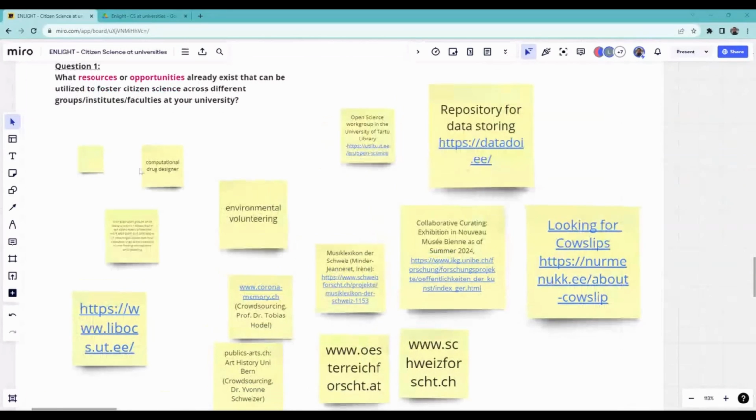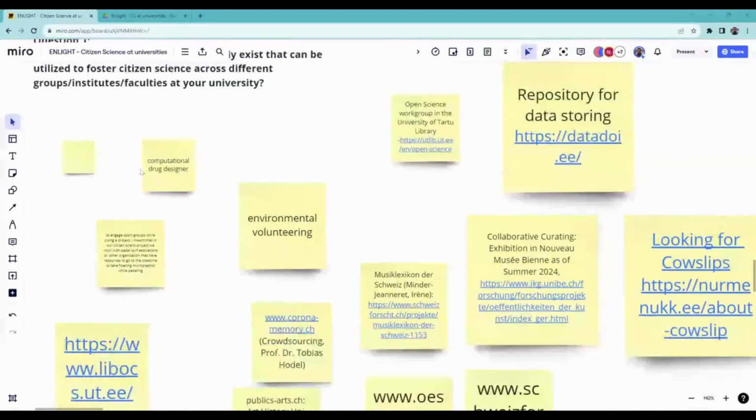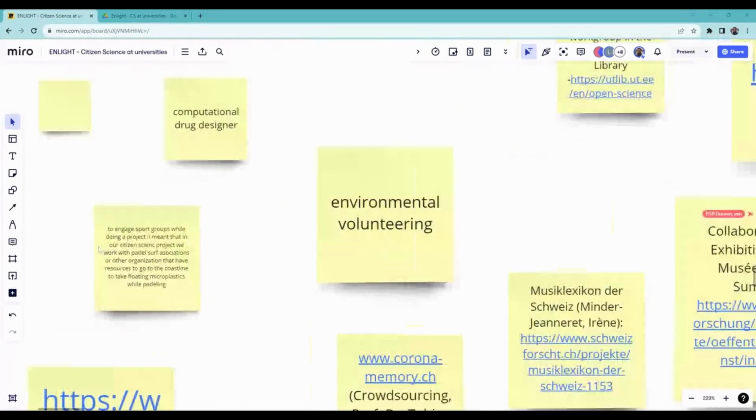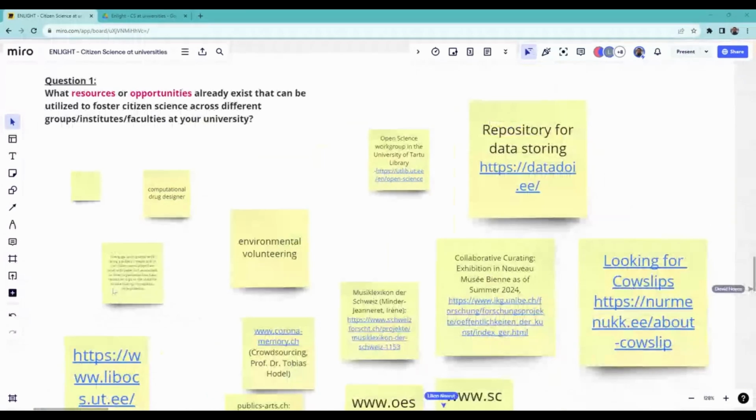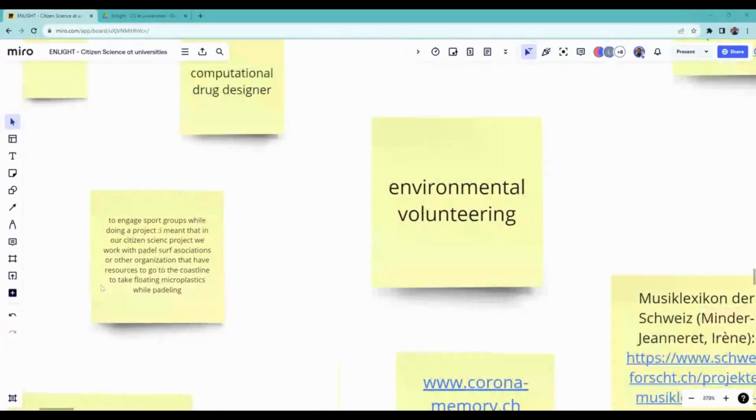There are ongoing activities like, for example, a computational drug designer experiment that could benefit from creating a citizen science project around it. And there were some points about also engaging support groups. For example, I've asked for the explanation here. And I think, Olat, you added this. Perhaps you can elaborate a little bit.